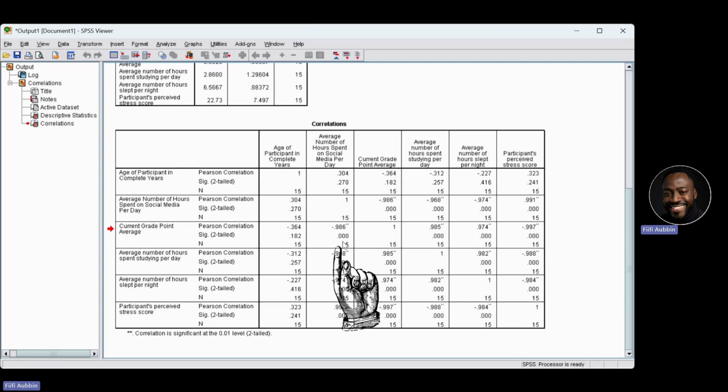And this tells us the relationship is statistically significant. So therefore, based on this data set, we can confidently conclude that there is an extremely strong, statistically significant negative relationship between social media use and GPA. I believe you get the point now.